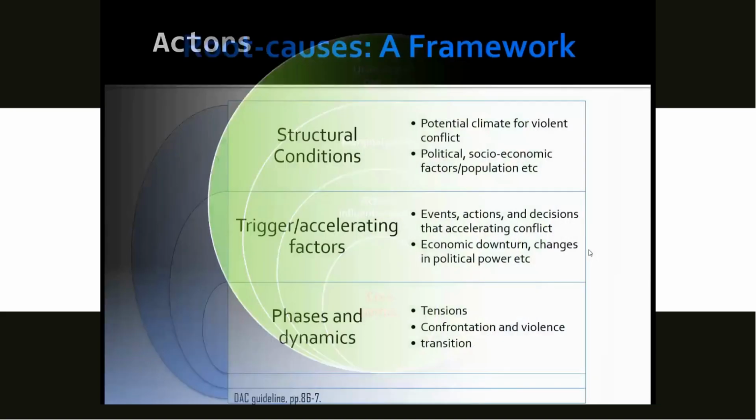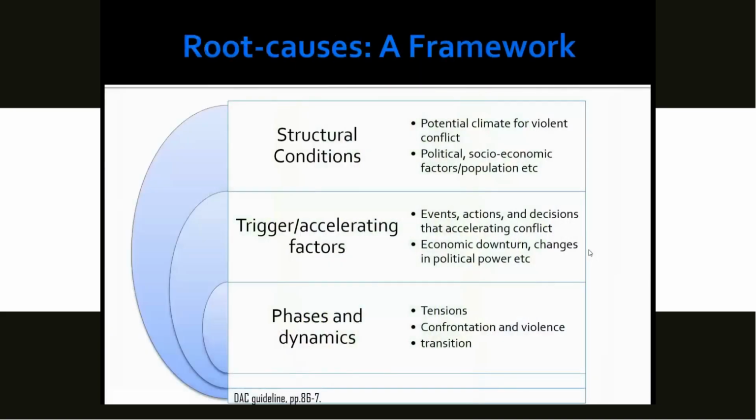And there's no magic formula to identify the root causes. But at least we know there are structural conditions for conflict, which sometimes people express as grievances. For instance, political, socio-economic factors, or other conditions that make the parties more conducive to conflict.